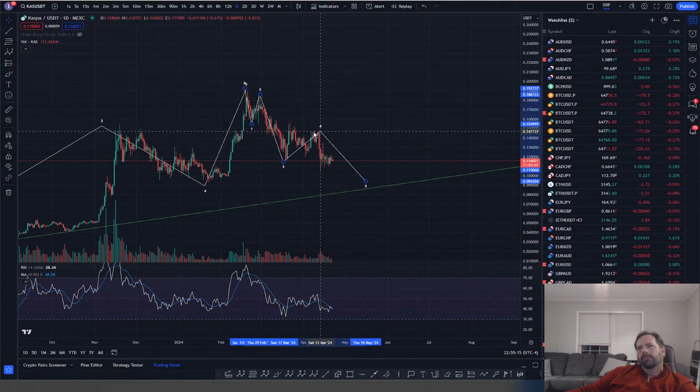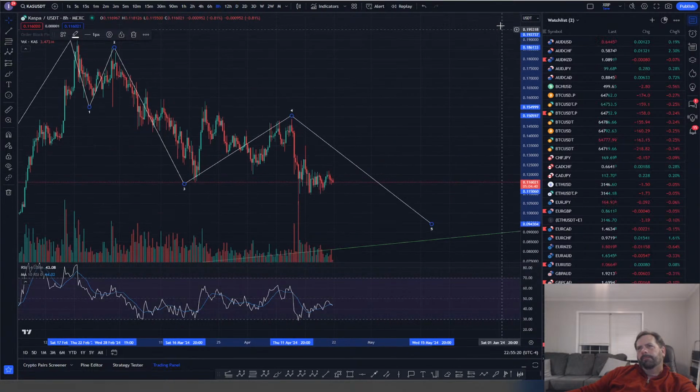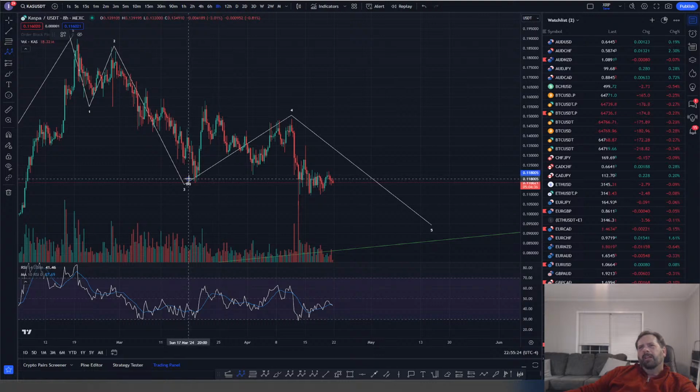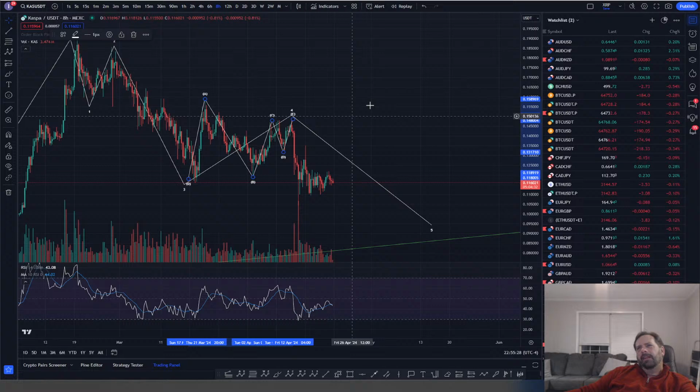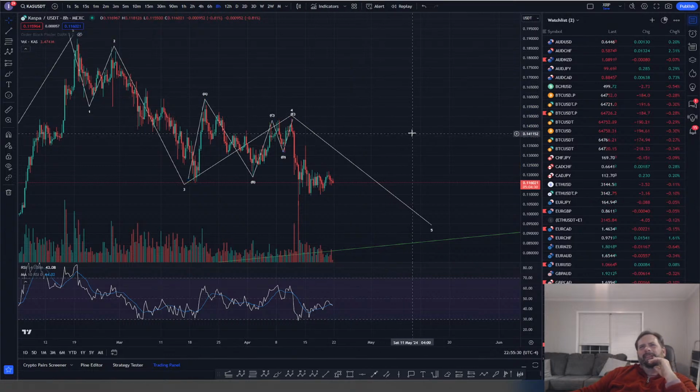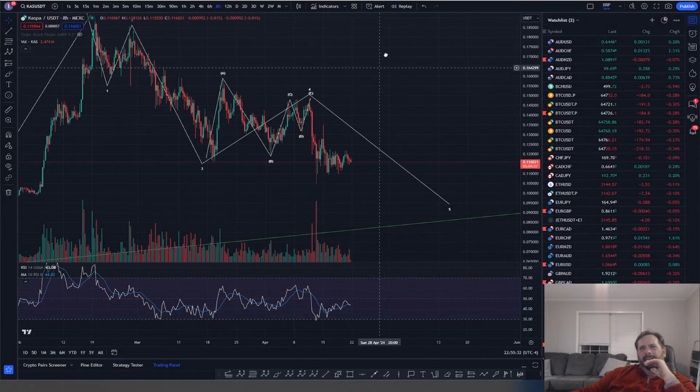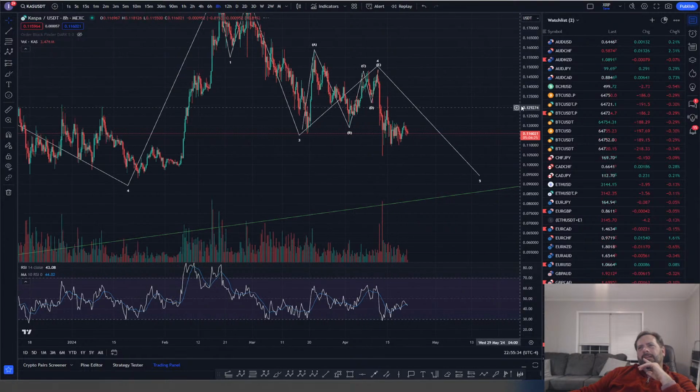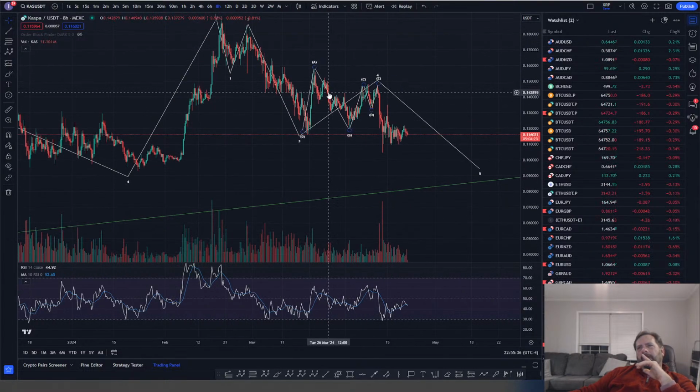Could that be a triangle right there? Smaller time frame. A, B, C, D, E. I'm not a big fan of that. I don't think that's a triangle.